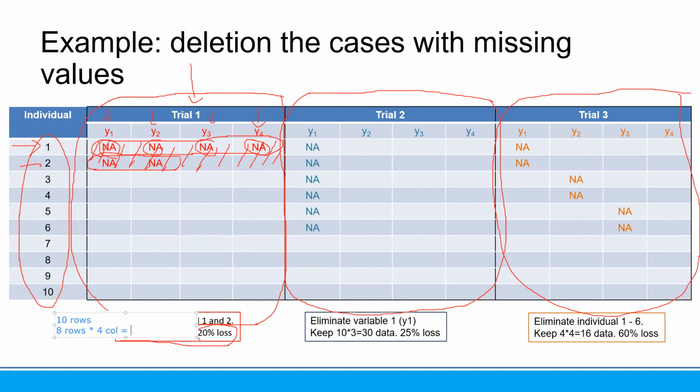So the total cells that we keep is 32, but the total is 40 cells. In this case we have 20% loss because we have 8.